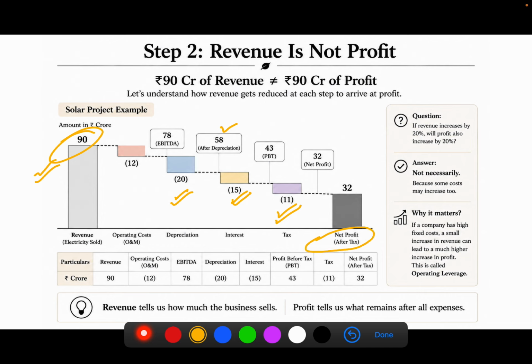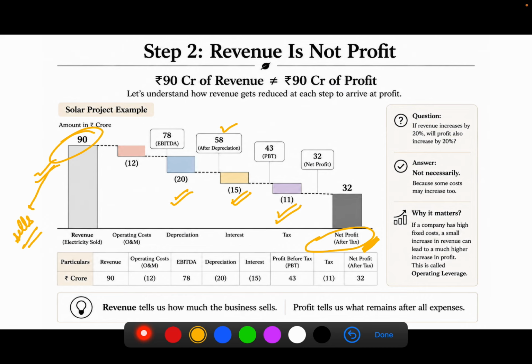So, revenue tells us how much the business sells, but profit tells us what remains after all the expenses you have incurred. Now, here is an interesting question. If revenue increases by 20%, will profit also increase by 20%?